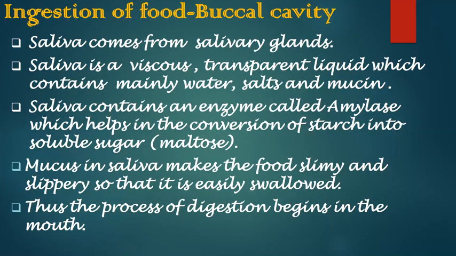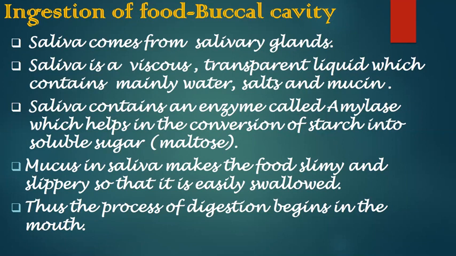Now let's talk about saliva. Saliva comes from salivary glands. Saliva is a viscous, transparent liquid which contains mainly water, salts, and mucin.